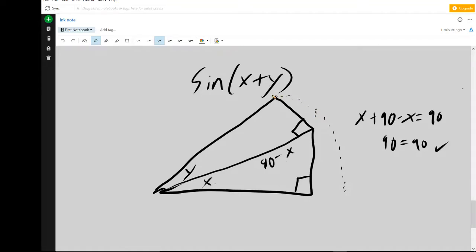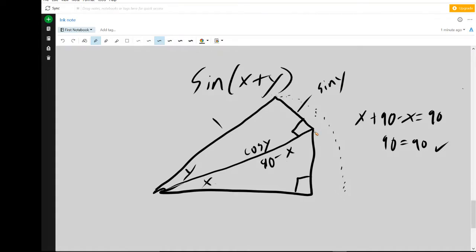That means the hypotenuse is going to be 1, the base is going to be cosine y, and this right here is going to be sine y, right? On the unit circle, the x is cosine and the y is sine, and the hypotenuse is 1 all the way around because that's just the radius.